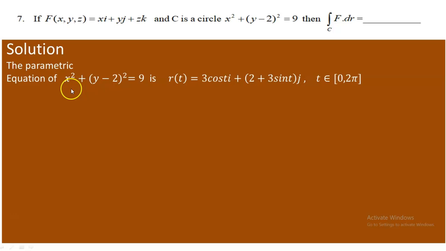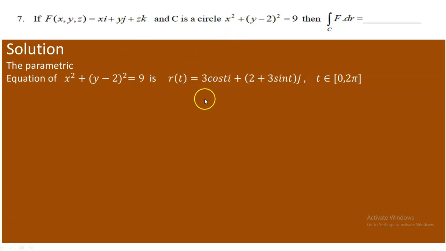So as you know, this is a circle with center at (0, 2) and radius 3. And if you remember, students, every circle with radius 3 having its center at the origin has an equation r of t equal to 3 cos t i plus 3 sin t j. Here, 3 cos t i plus 3 sin t j represents the parametric equation of a circle with center at the origin and radius 3 units.